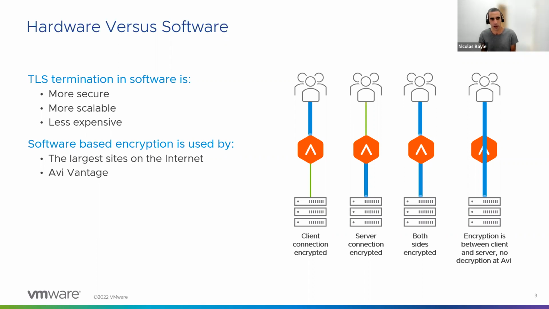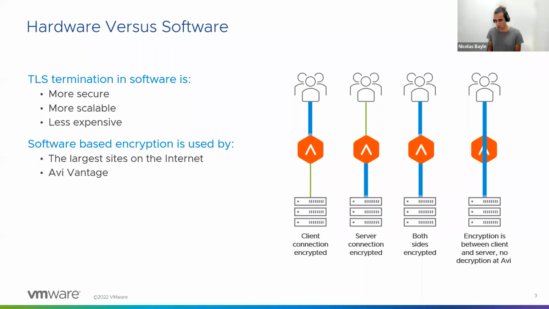And just to support this idea, think about the largest companies in the world on the internet. Think about Facebook, Apple, all the very big websites. What do you think they are using? Well, if you check yourself, you will see that they are using software load balancers, especially to terminate the TLS session, right?